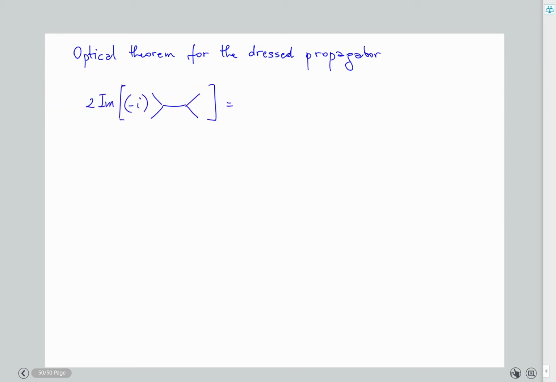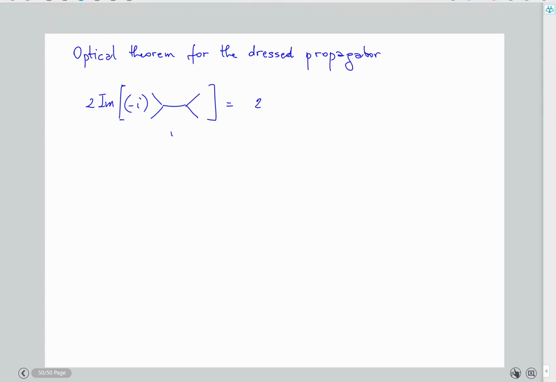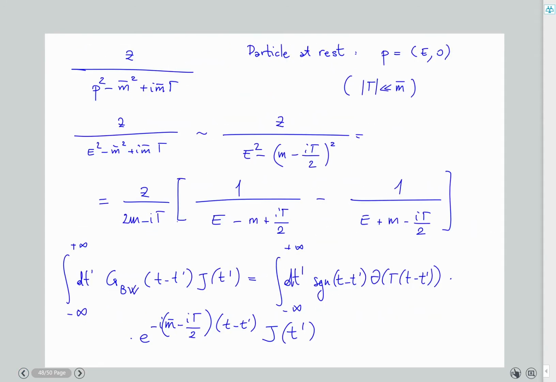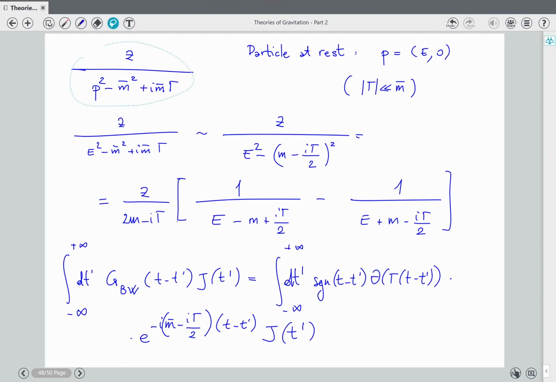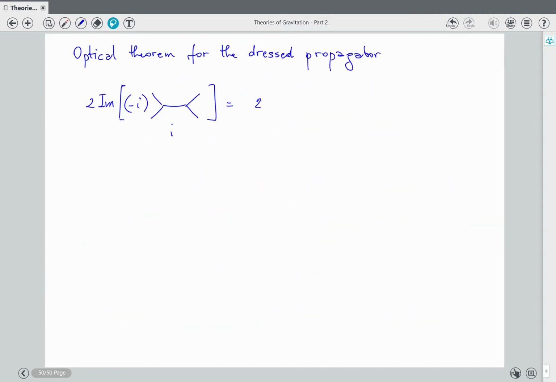So this object is equal to what? Well, there is a 2. The propagator is i times what I wrote before, times that. So there is a 2, imaginary part of what?